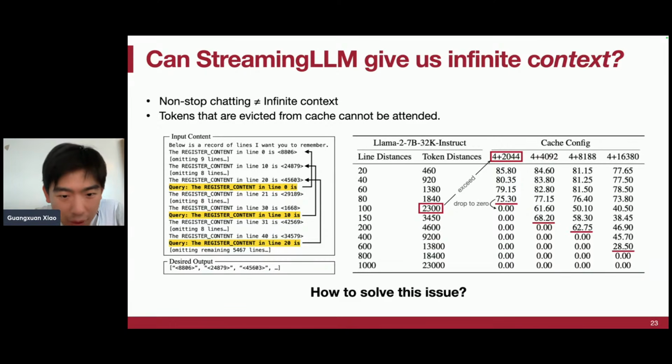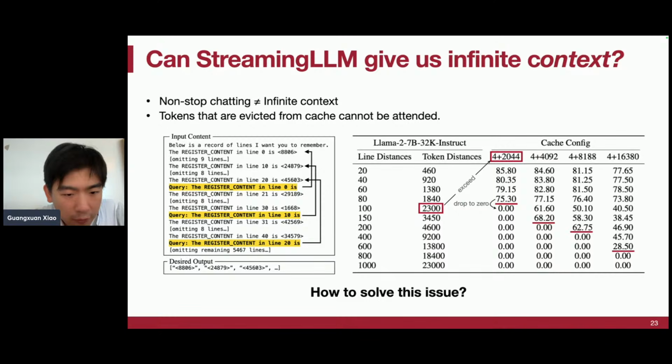On the right is the model performance. When we are asking the model something within the cache, which means the token distance is smaller than the cache config, for example when the token distance is 1840 with a 4 plus 2044 setup, we have a non-trivial accuracy, which is 75.30.